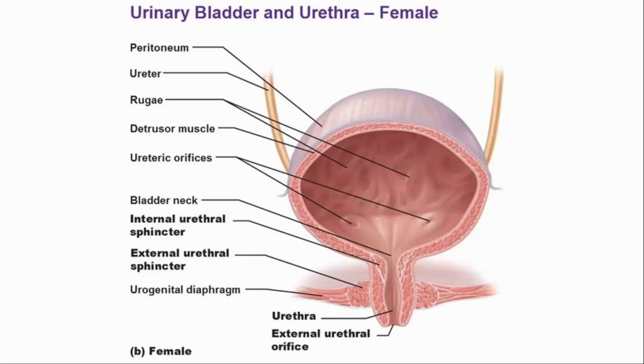It is in a crisscross type of arrangement. That means it is not inner circular and outer longitudinal or the opposite. Now, is there another name for the smooth muscle of the urinary bladder? The answer is yes. It is called the detrusor muscle.